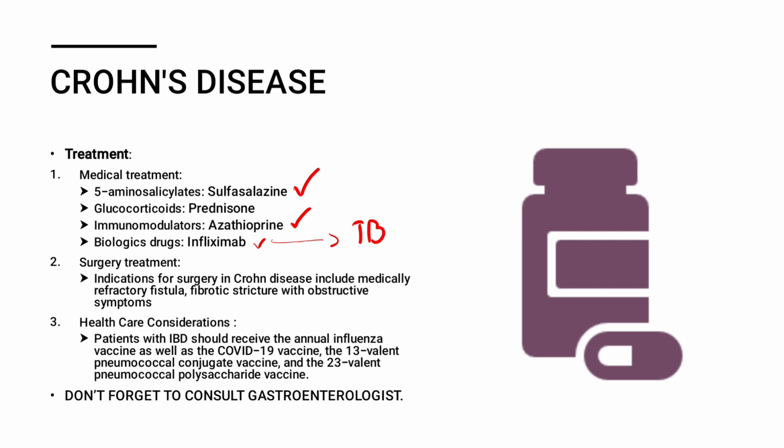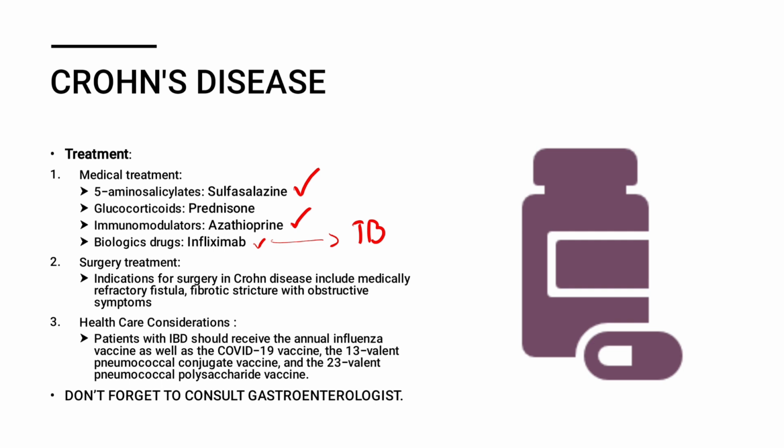In this case, the patient will only receive nutrition by parenteral IV nutrition. We can also use surgery to correct some fistulas, specifically those which drain so much. We can close them by surgery, and also fibrotic strictures.